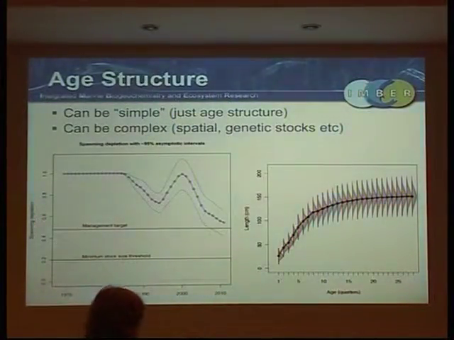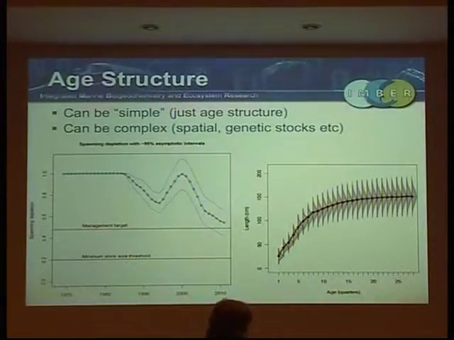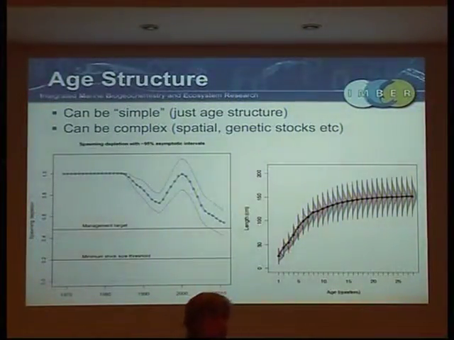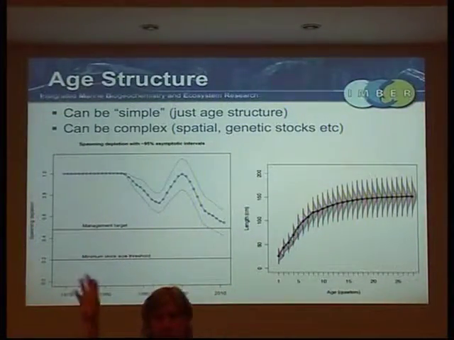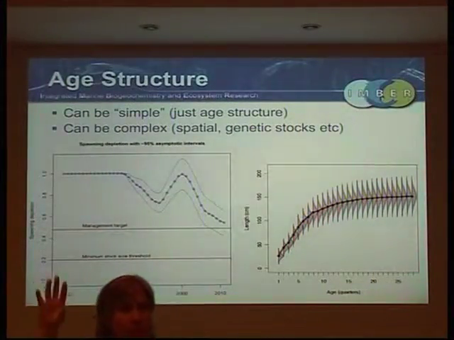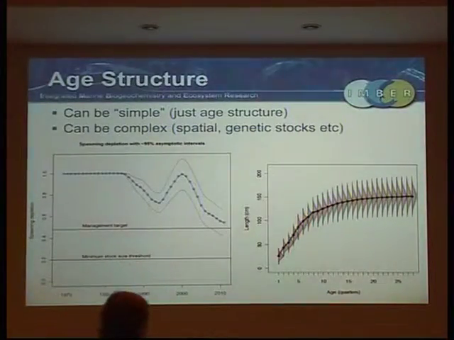They can have variable sized age classes, they don't have to have a smooth curve. They can have lots of spatial structure. They can have genetic stocks, not necessarily in the way that Eileen was tracking them yesterday, but they just say this area is one group that doesn't breed with this area down here, so they can have differential pressure from a fishing boat going to the different areas.